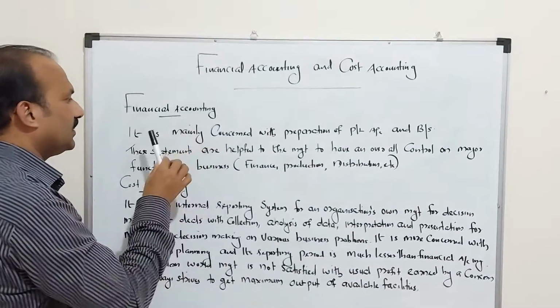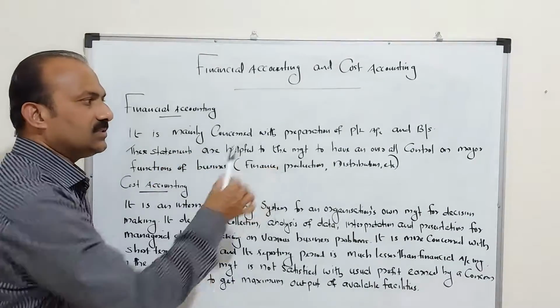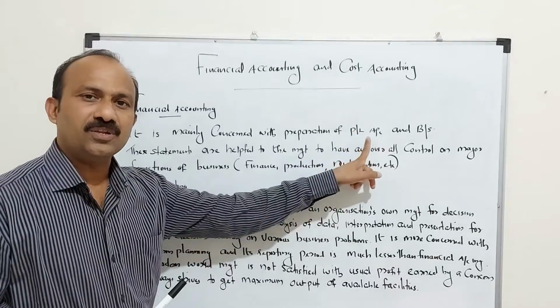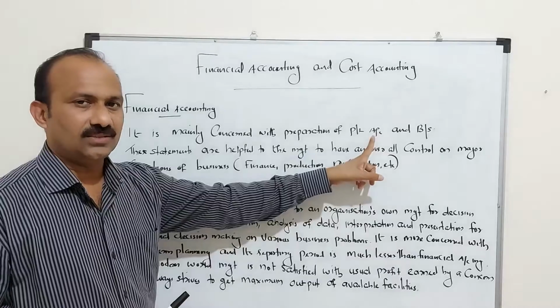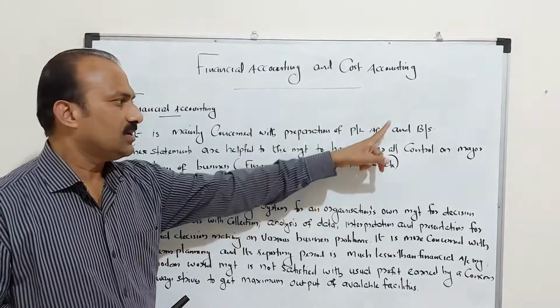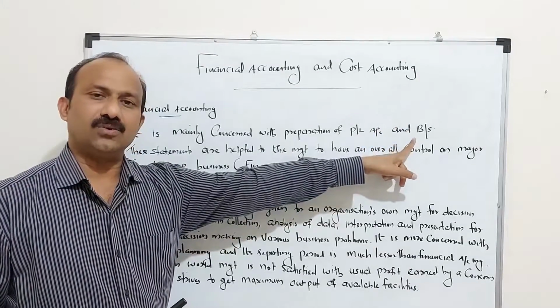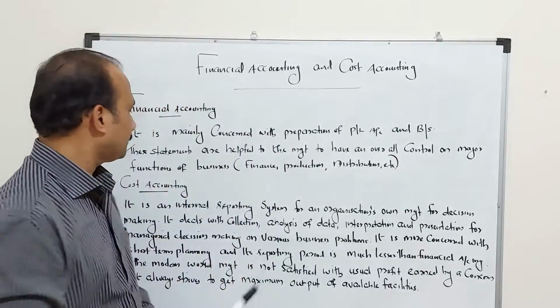Financial accounting is mainly concerned with the preparation of the profit and loss account and balance sheet. Profit and loss account is otherwise known as income statement and balance sheet is otherwise known as position statement.